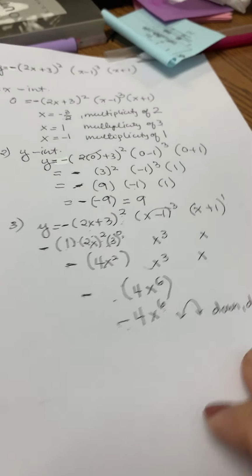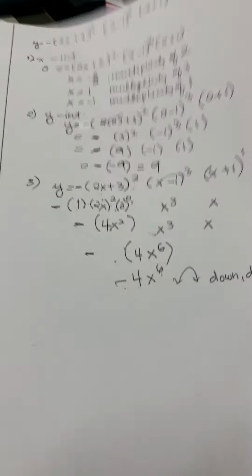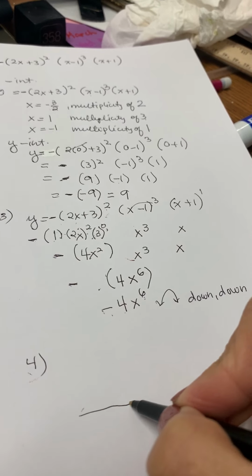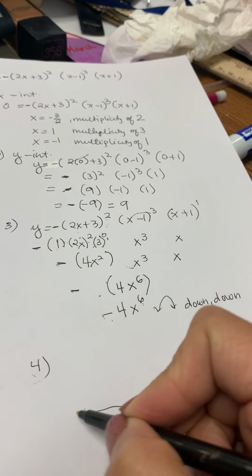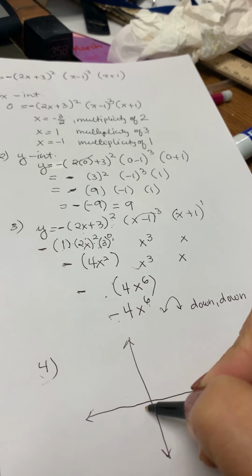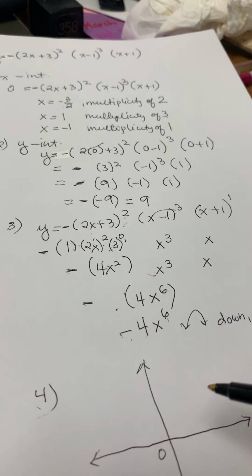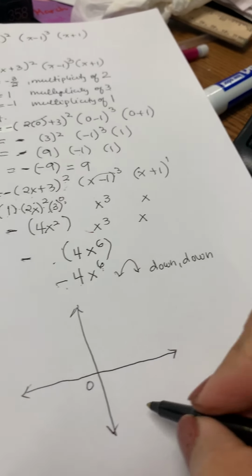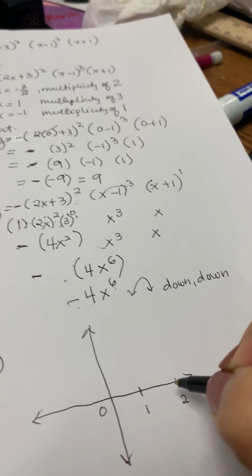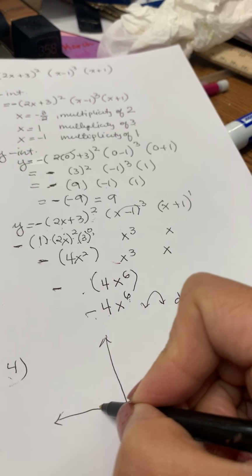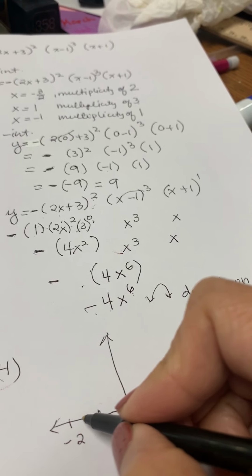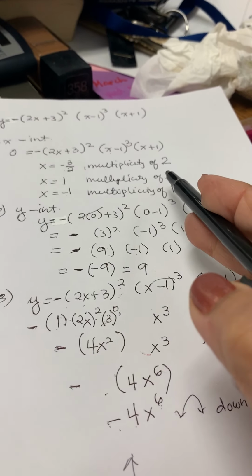Okay, so now we can graph it. Our x-intercepts are negative 3 halves, 1 and negative 1. So if this is your 1, and this is your 2, so your 1 and negative 2. So our x-intercepts are negative 1.5 with a multiplicity of 2.